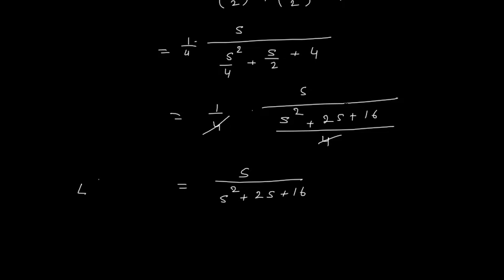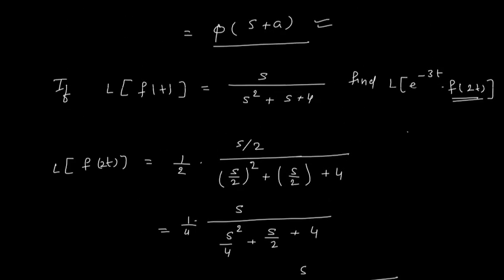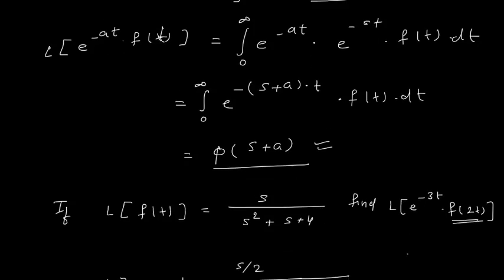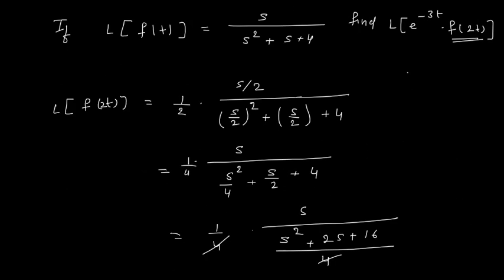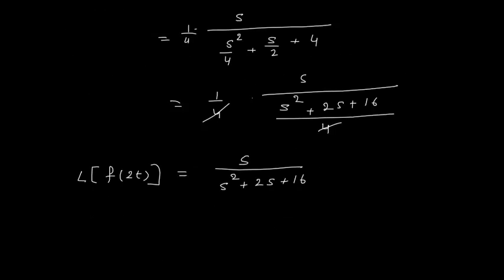This is Laplace of f of 2t. So we have got Laplace of f of 2t. Now Laplace of e power minus 3t into f of 2t we have to find out.